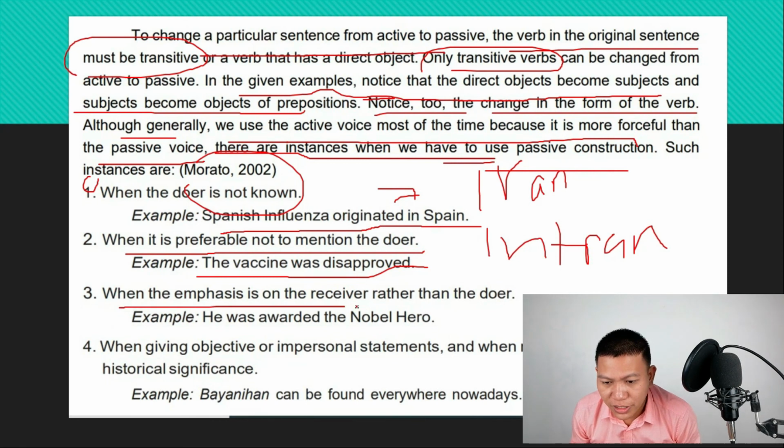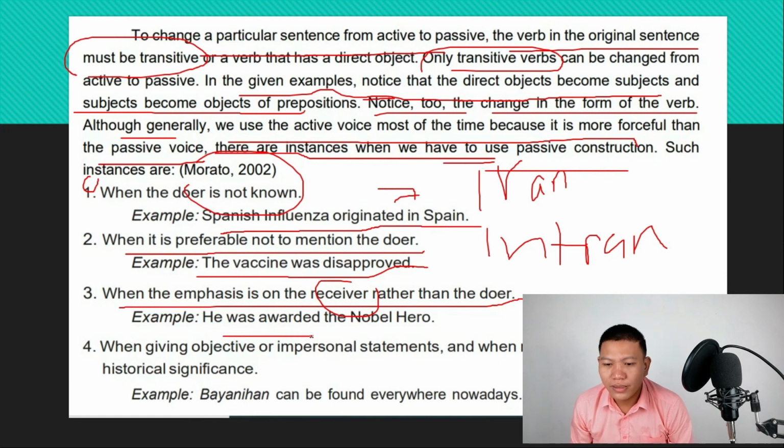Number three, when the emphasis is on the receiver rather than the doer, right? Because in an active voice, the emphasis lies on the doer. So for passive voice, the emphasis lies on the receiver. He was awarded the Nobel Prize. Okay, he was awarded.